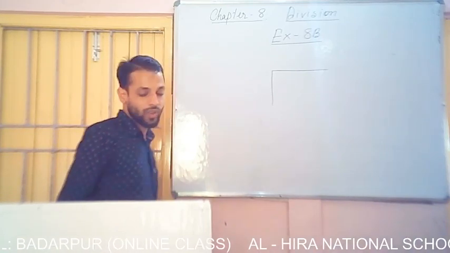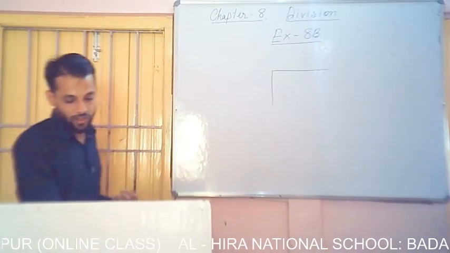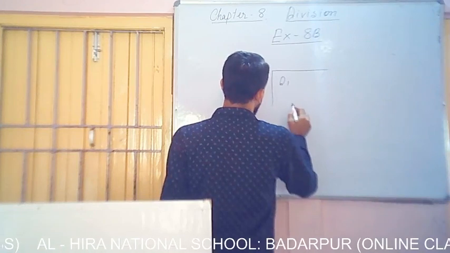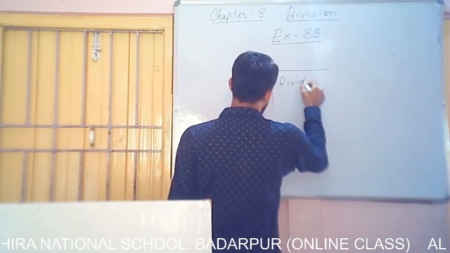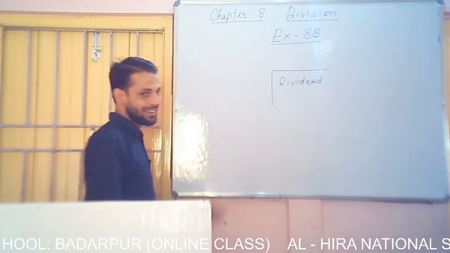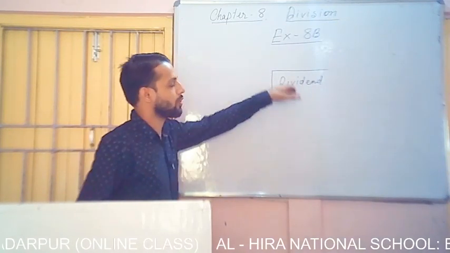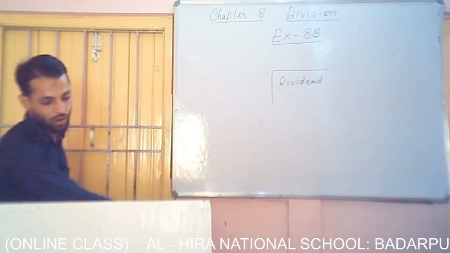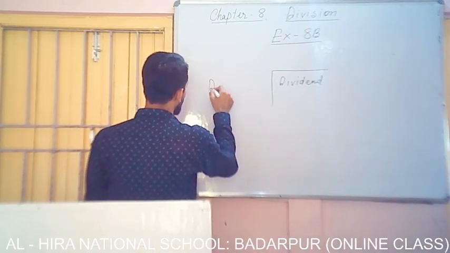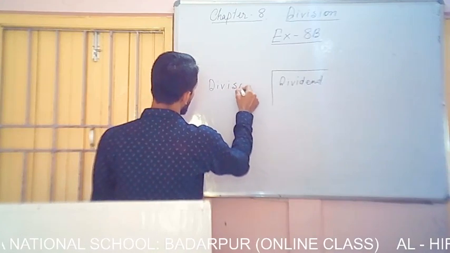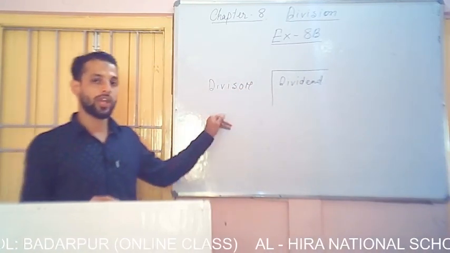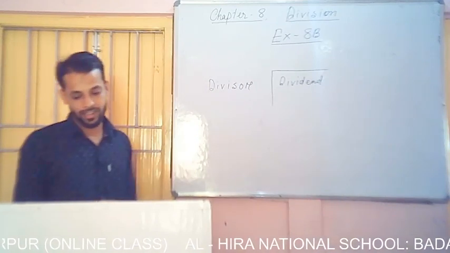By seeing this, we can understand easily. Here you see the number which we are going to put here is called the dividend. So dividend is the number which we are going to divide. The number by which we are going to divide is the divisor.